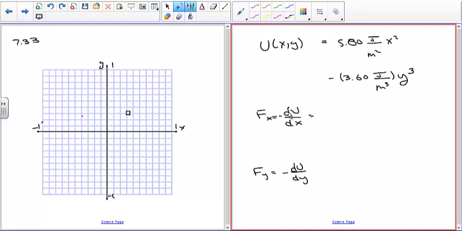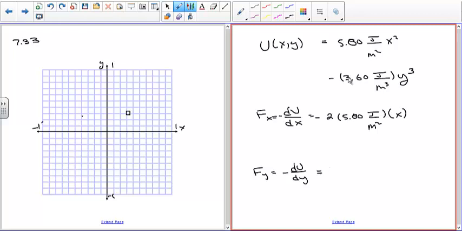So when I take the derivative of U of x and y with respect to x, this goes to 0. And you get the first case, which is negative 2, which comes from the exponent, times 5.80 joules per meter squared times x.